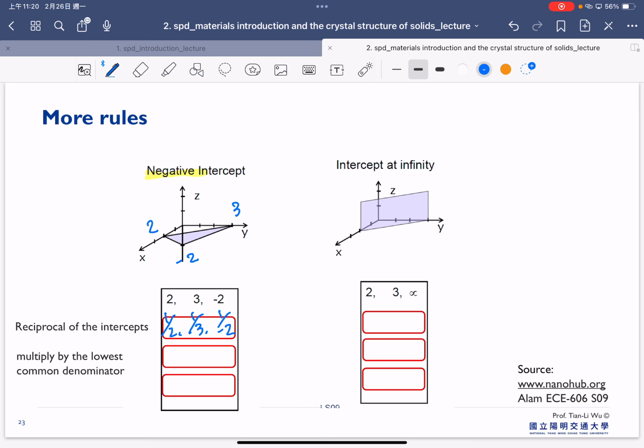Multiplying by the lowest common denominator gives 3, 2, -3.